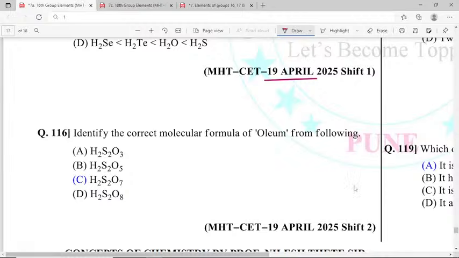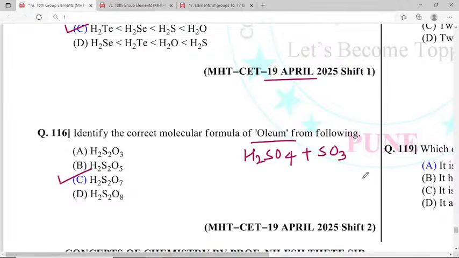Identify the correct formula of oleum. Many times this question has come: H2S2O7. Please mention there H2SO4 plus SO3. So this is H2S2O7, oleum. Oleum is the answer.